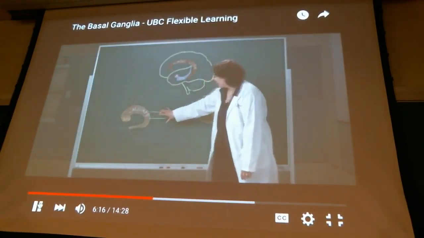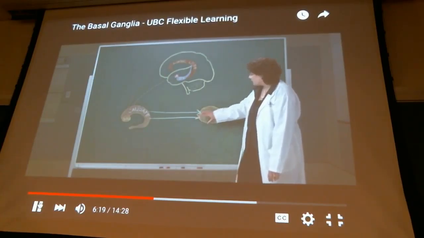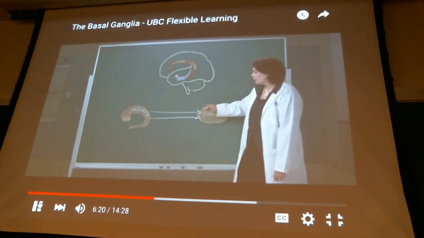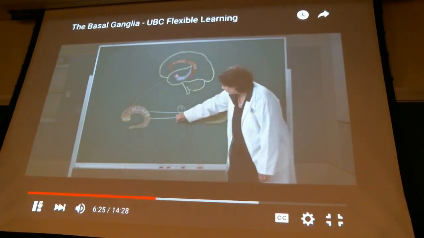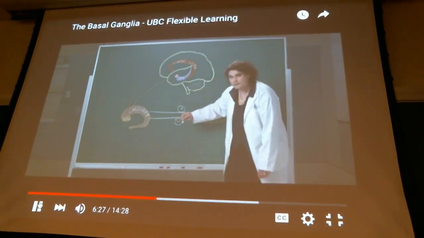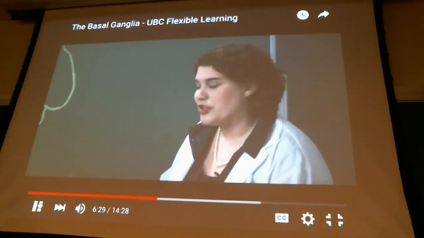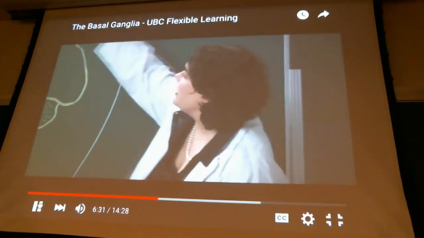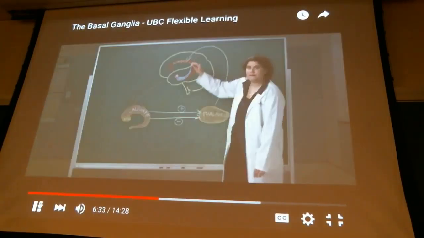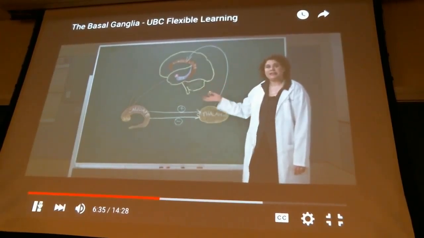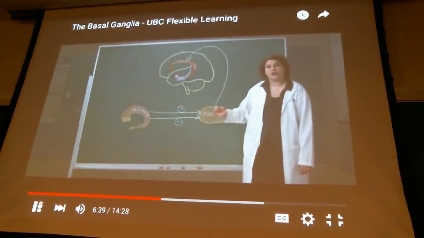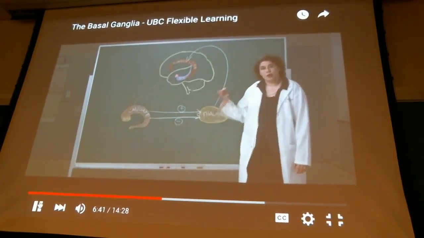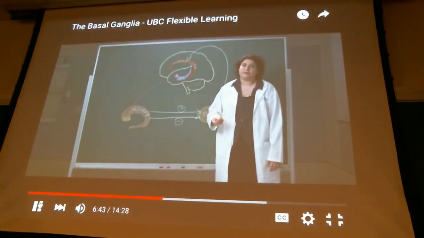From here, the direct and indirect pathways project to the thalamus as to which behaviors to facilitate and which ones to inhibit. The thalamus, of course, projects back to the limbic areas of the cortex. This circuit adds the emotional component to behavior and colors all of our cortical output, from motor performance to cognition.